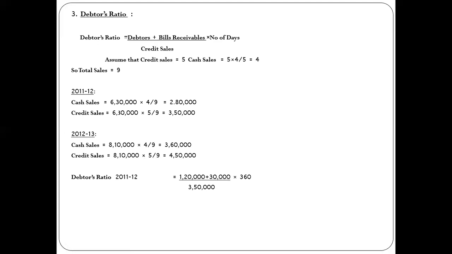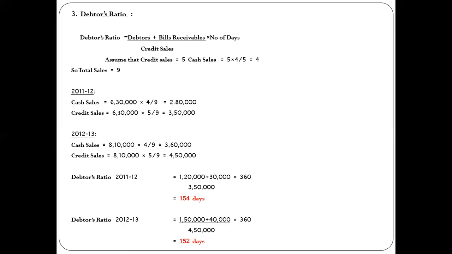Now we'll keep the amounts in the debtors ratio, that is 1,20,000 plus 30,000 divided by 3,50,000 into 360 days. So it will be 154 days. For 2012-13, it is 1,50,000 plus 40,000 divided by 4,50,000 into 360. So we'll find 152 days.